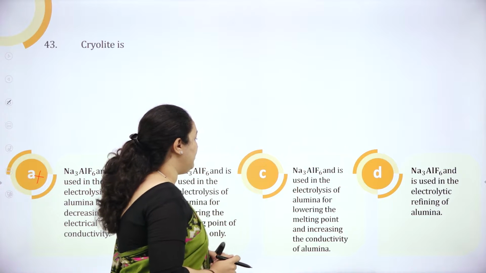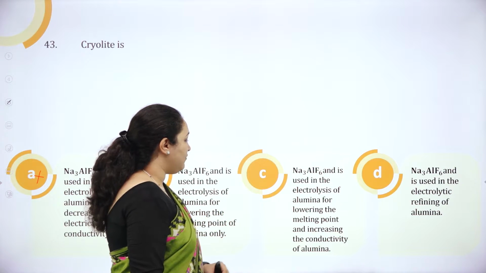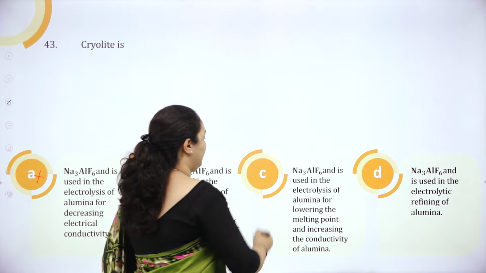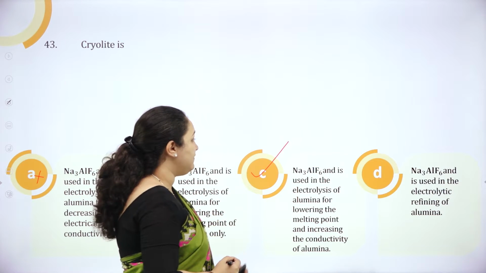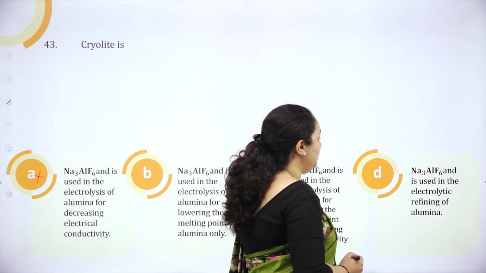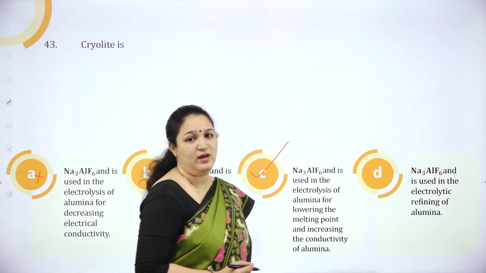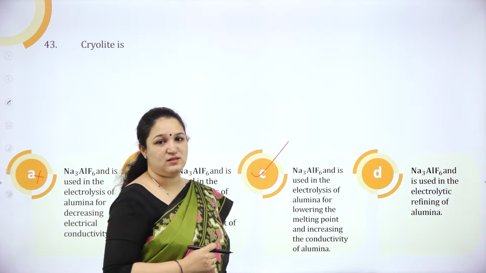So option C, cryolite is used in electrolysis of alumina for lowering the melting point and increasing the conductivity. This is absolutely right. So it is option C which is the correct one. Option D, cryolite is used in electrolytic refining of alumina. No. So it is option C which is the right answer.